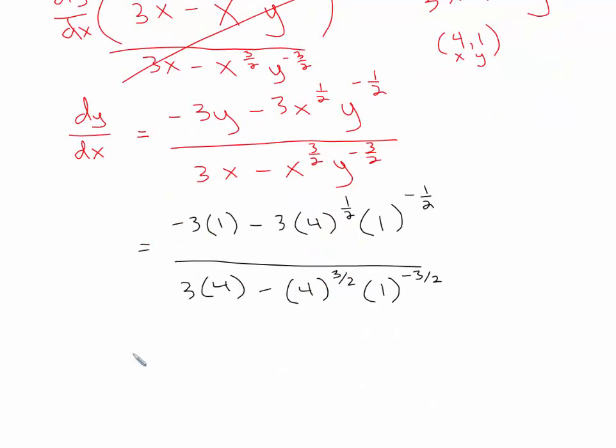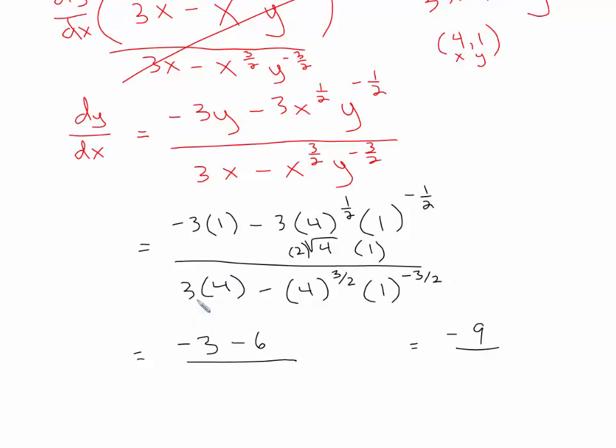Over here, negative 3. And 4 to the 1/2 power is the square root of 4, which is 2. Negative 3 times 2. Over here, 1 to the negative 1/2 power is really just 1. So negative 3 times 2 times 1, we get negative 6. So that gives us negative 9 in the numerator.